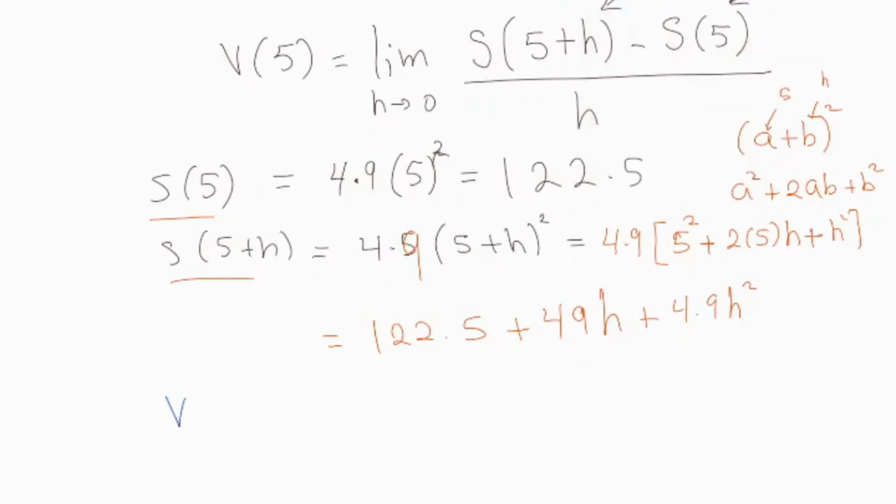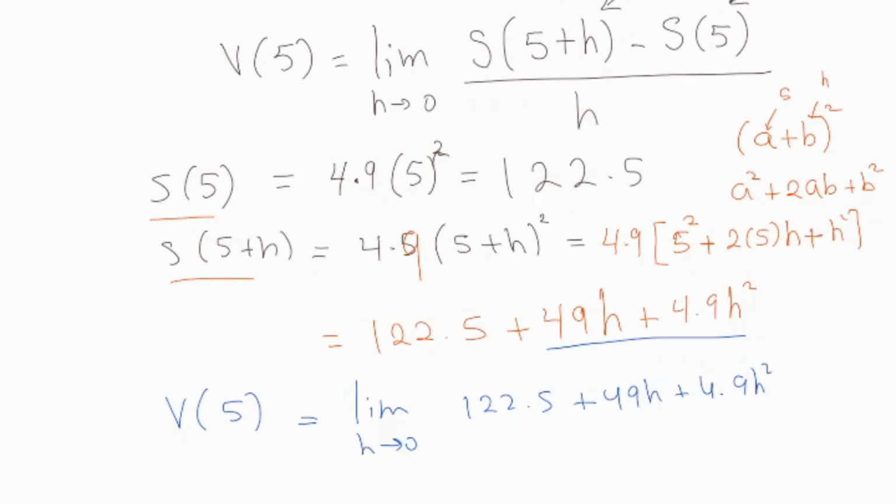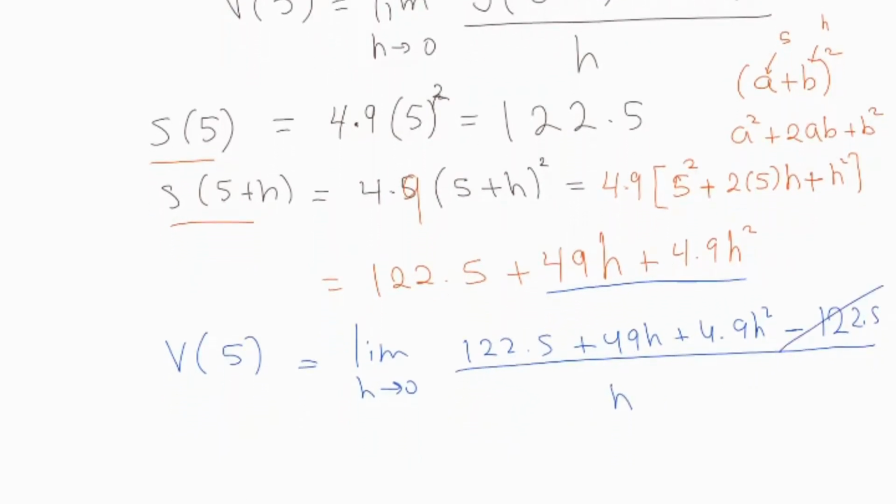So I found s at 5 and s at 5 plus h. Let's go again to the formula: the limit when h goes to 0 of s of 5 plus h, which is 122.5 plus 49h plus 4.9h squared, minus 122.5, over h. The 122.5 terms cancel, and I have the limit when h goes to 0 of 49h plus 4.9h squared over h.